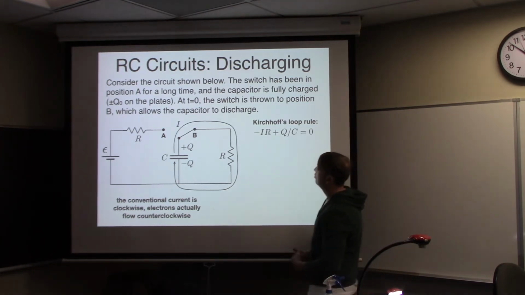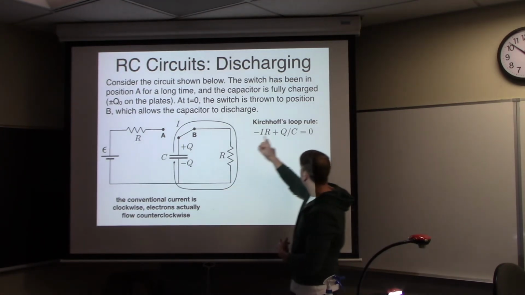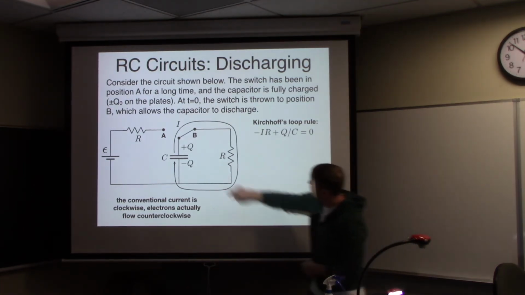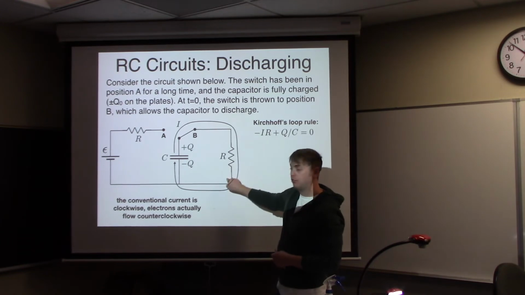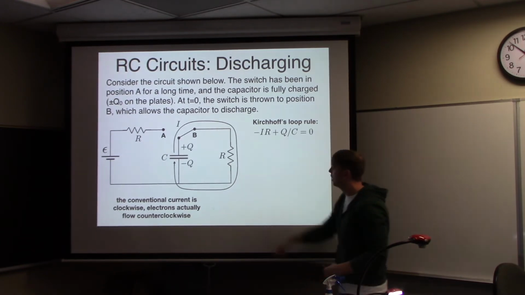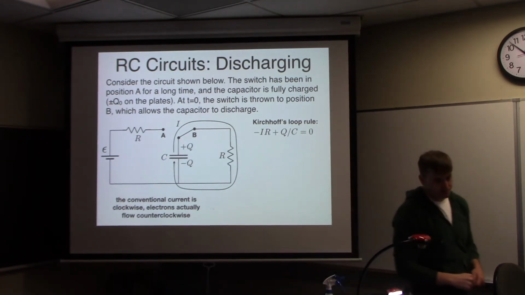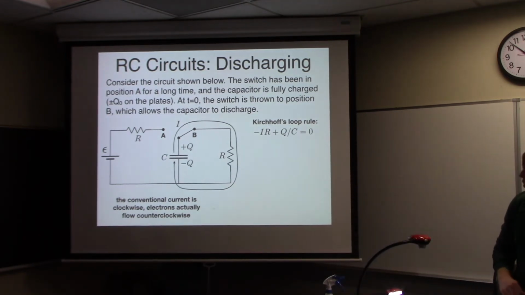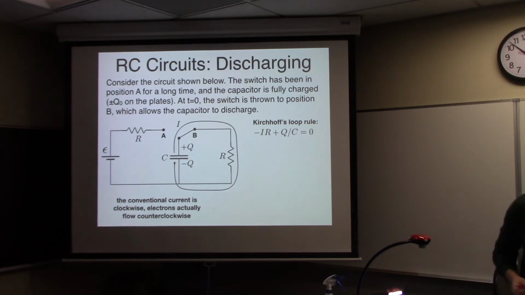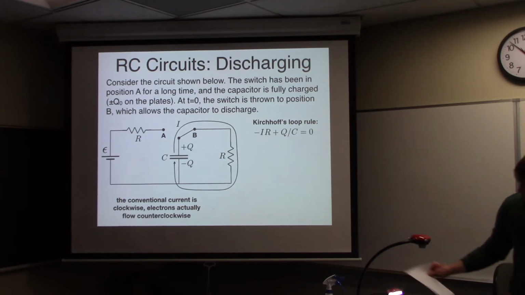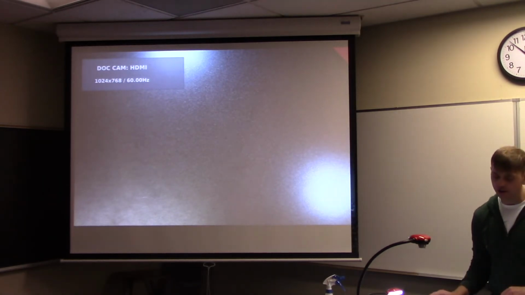If we go from negative to positive, we have a positive voltage, which is Q over C. And then after that, we have to go across the resistor in the direction that current is flowing, so the voltage is minus I times R. And that's our loop rule equation. That equals 0. The next thing we'll do is use that loop rule equation to figure out Q and I as a function of time.